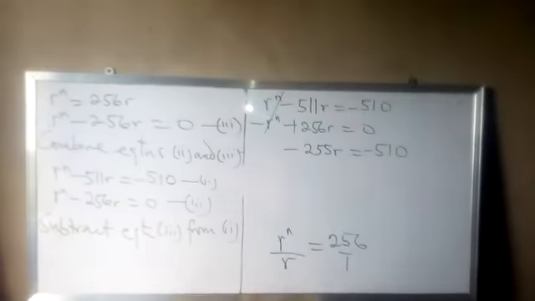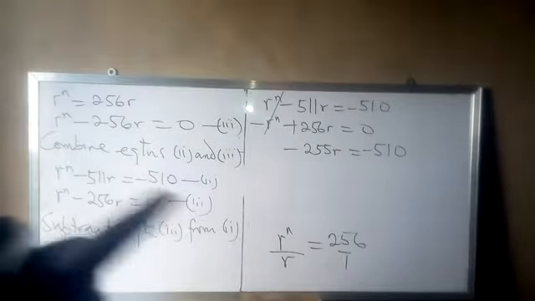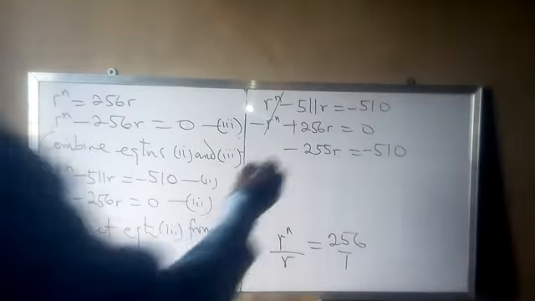I hope you are following. Since we have a minus sign at both sides of the equation, this will cancel this. So r will be equal to what? Divide both sides by 255, 510 all over 255. If you divide, you have 2.